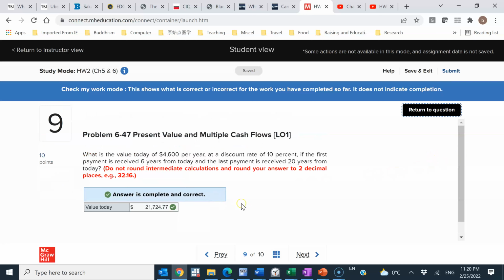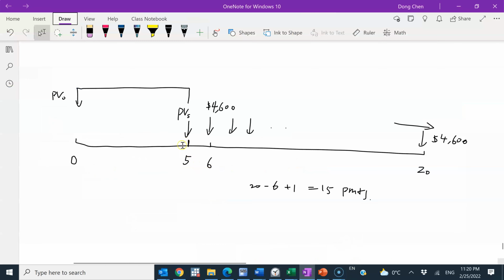Yes, it is. I hope this helps you understand where we can apply the ordinary annuity formula. We need to make sure the first payment starts by the end of the period, or by the next period. If that's not the case, we just need to move our baseline. In this case, we move our baseline to year 5, pretending that we are standing there first.